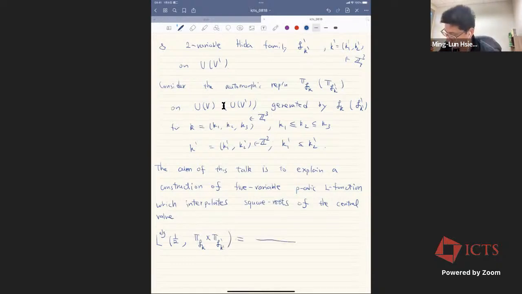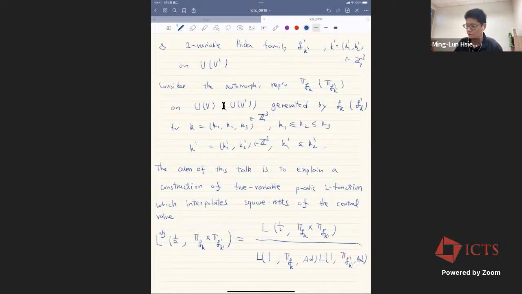This is defined to be the central L-value of the Rankin-Selberg L-function associated with pi_{F_k} and pi_{F'_{k'}}, divided by the period L(1, adjoint) of pi_{F_k} and L(1, adjoint) of pi_{F'_{k'}}.